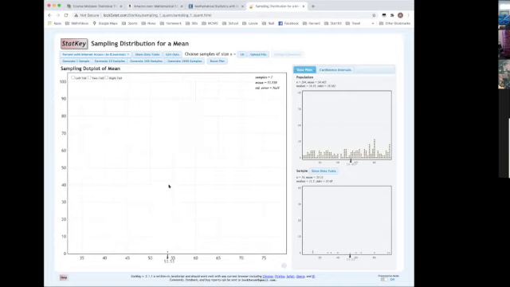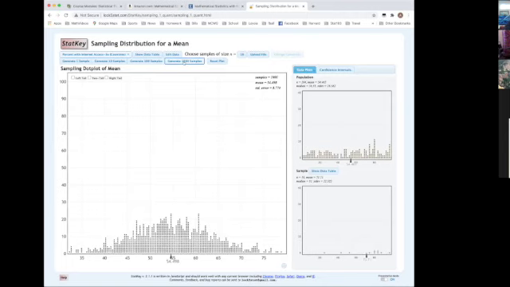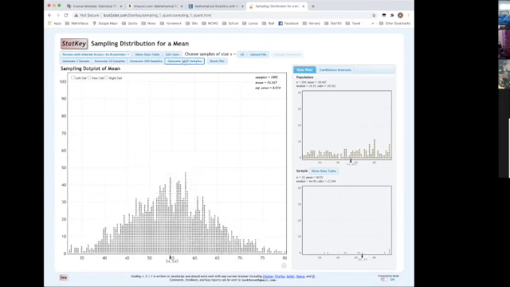So then the next question is, well, what happens if we do this a whole bunch of times? So the worksheet's saying, let's generate 2,000 samples. So right there, I just generated 1,000. I just generated another 1,000. So now I have a big distribution here that contains 2,001 samples.